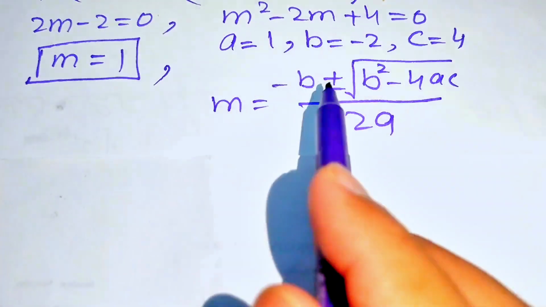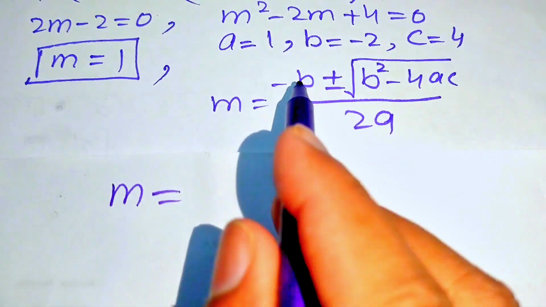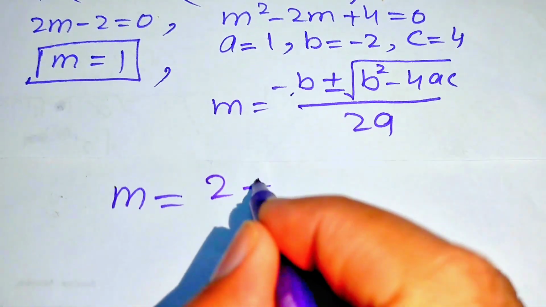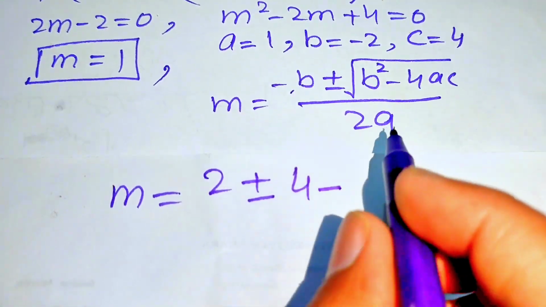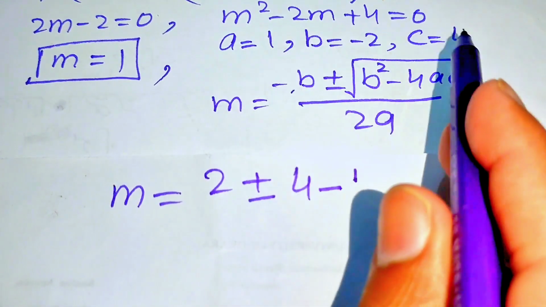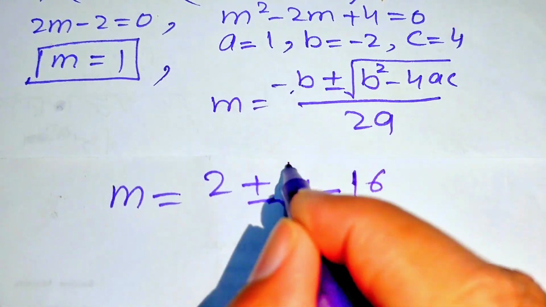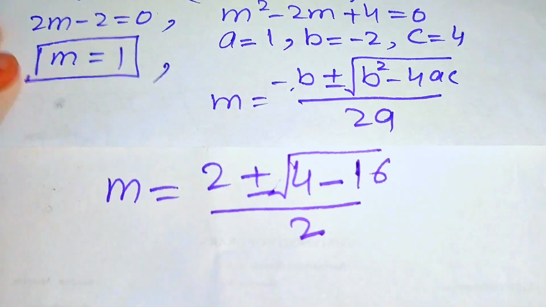And now we substitute all these values of a, b, and c in this formula, and it becomes m equals minus b, and the value of b is minus 2, so it becomes plus 2 plus minus the square root of b squared. So b is minus 2, and minus 2 squared is 4, and 4 times a is 1, and c is 4, so it becomes the square root of 16, divided by 2 times a, and a is 1, so it becomes 2.